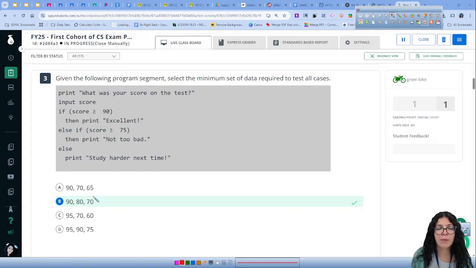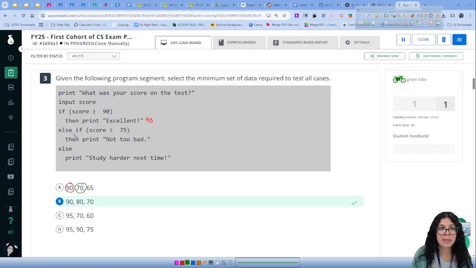So if we look at, for example, A, using 90, 90 would fall into the category of being greater than or equal to 90. So 90 tests the excellent. And then so far so good. So then we move on to 70. And then we say, okay, well, 70 doesn't fall into being greater than or equal to 90.